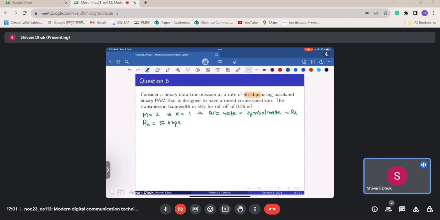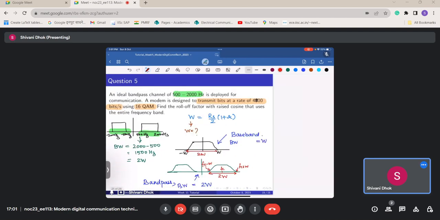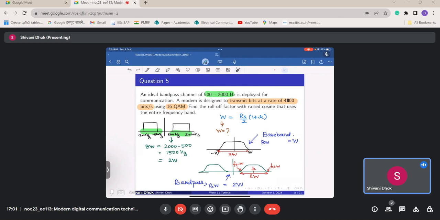Along with that, what is given is that we are using baseband communication. This is an important thing. We are using baseband transmission. So if we have a baseband transmission, what do we need to take the bandwidth as? For a baseband transmission, your bandwidth will be equal to W, as we have discussed here.